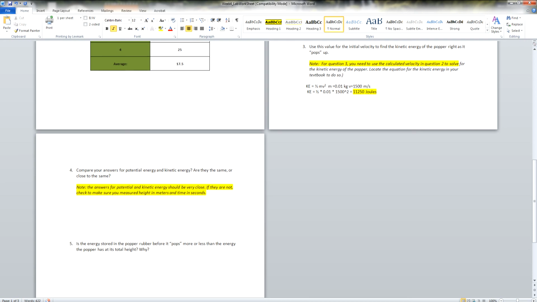And the final question asks if the energy stored in the popper rubber before it pops is more or less than the energy the popper has at its total height, and you can explain that. For this question, I will also refer you to the law of conservation of energy.